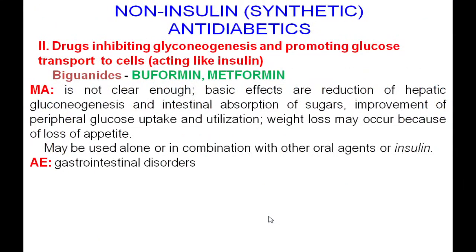Second principle, the drugs acting like insulin, inhibiting gluconeogenesis and promoting glucose transport to cells. Chemical name of this group is biguanides. Two drugs are available, buformin and metformin, but more often nowadays metformin exactly is used.